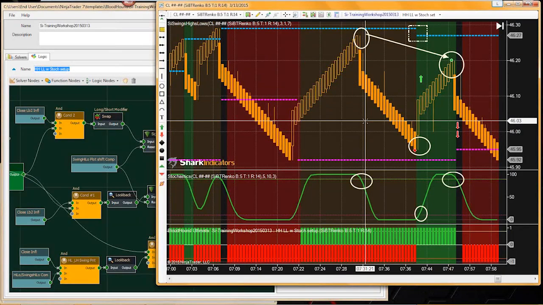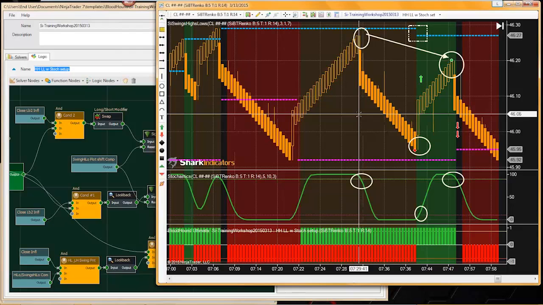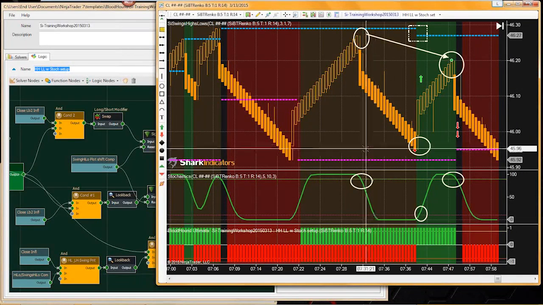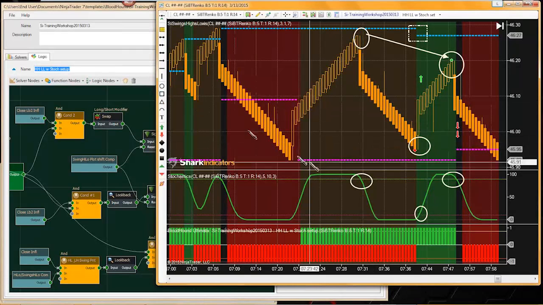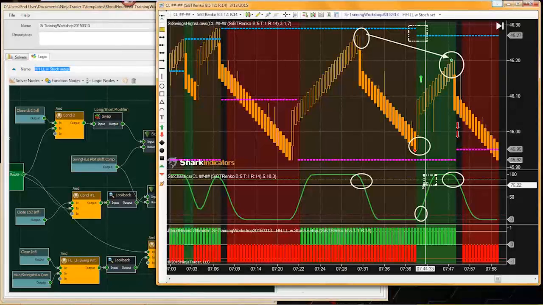I'm just thinking about this for a moment, to see if I can come up with another solution for turning off those signal extenders. Yeah, maybe I can use the stochastic here.